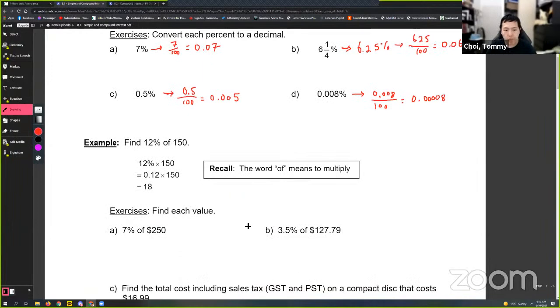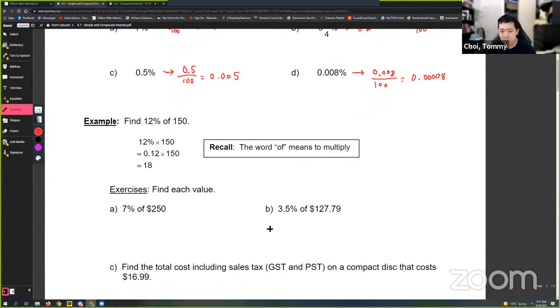So then, when you find a percentage of something, the word of means to multiply, right? So if we say 12% of 150, we're multiplying 12% to 150.